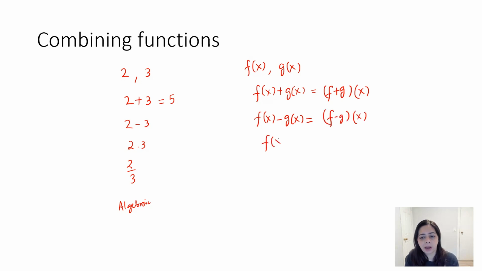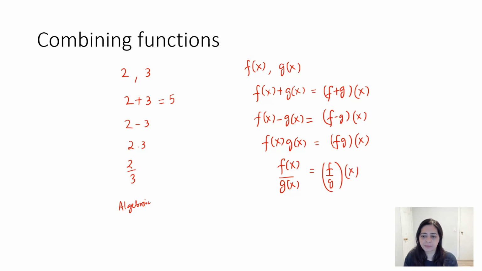We can multiply them, f(x) times g(x), which is f times g operated on x. We can divide two functions, f(x) divided by g(x), also denoted by f divided by g at x.